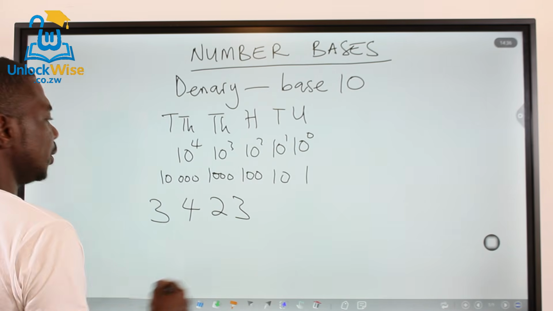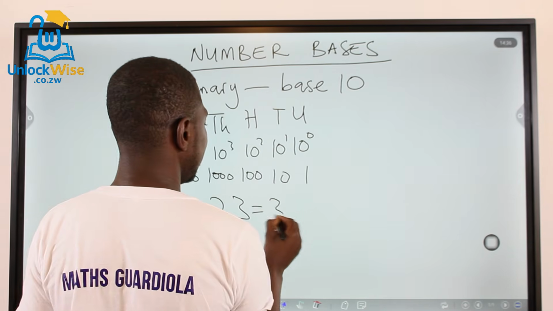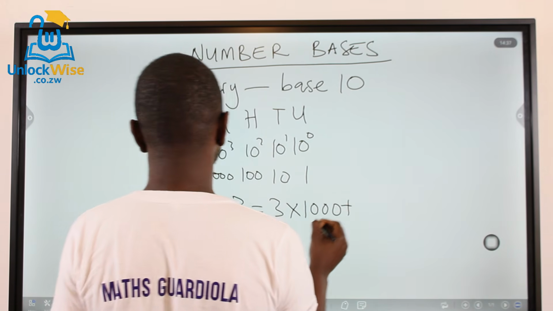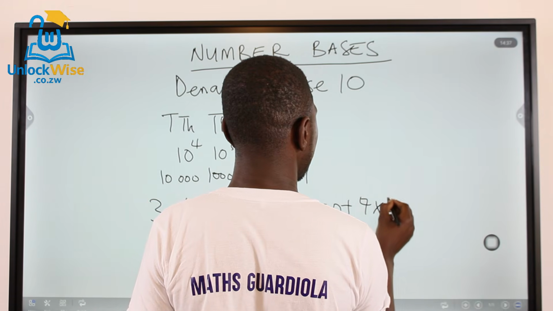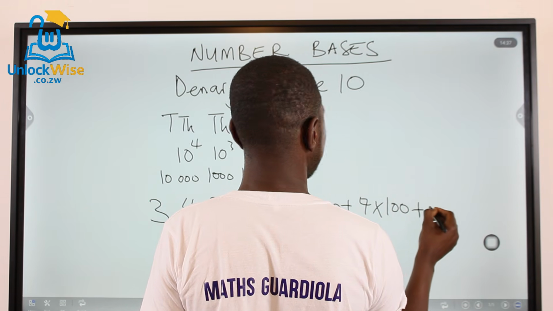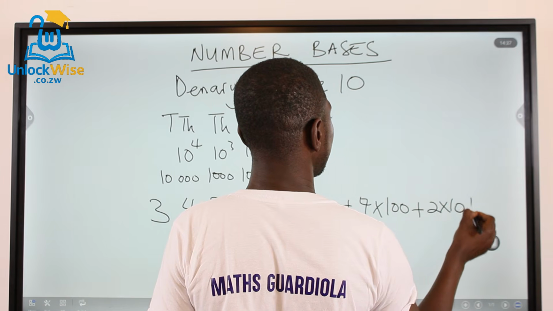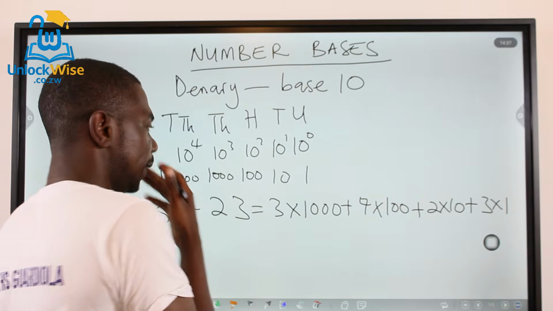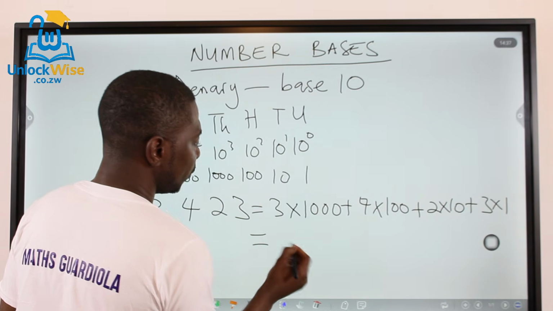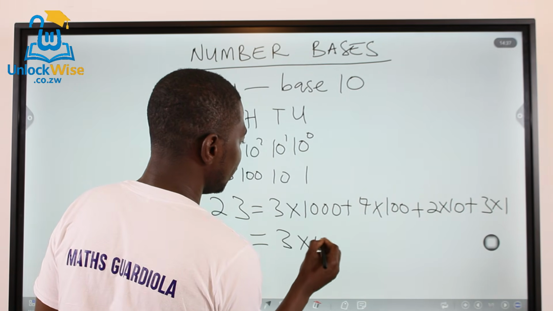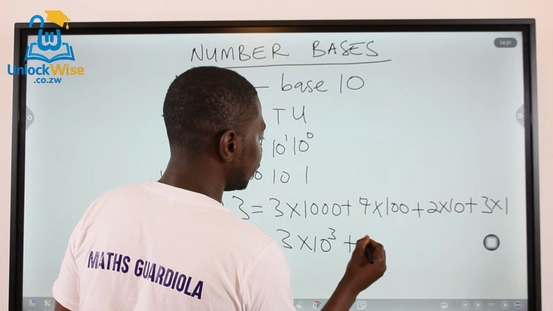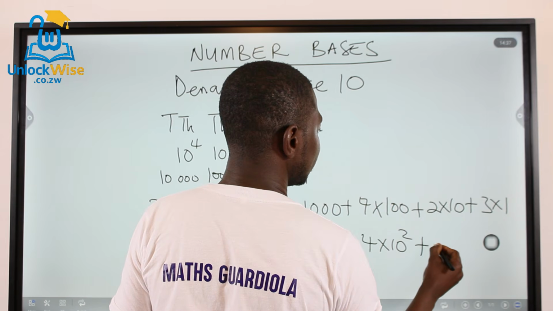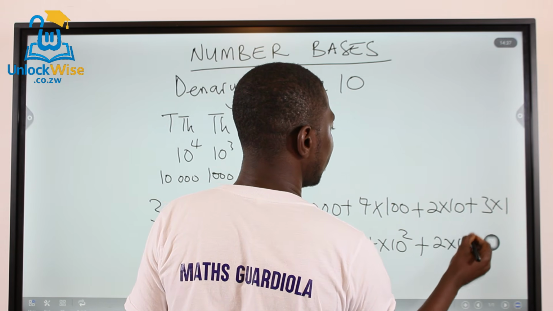So maybe for a number like 3,423, this means that we are going to have 3 times 1,000 plus 4 times 100 plus 2 times 10 plus 3 times 1, right? And if we are to write this, we can have it as 3 times 10 to the power, how many zeros? 3 here. 4 times 10 to the power, how many zeros? 2. 2 times 10 to the power 1.